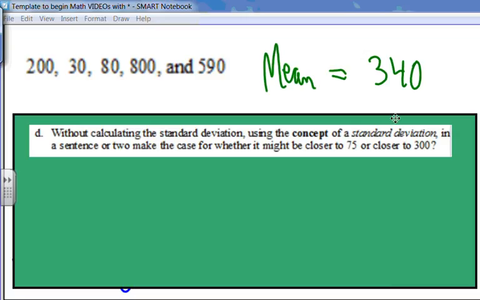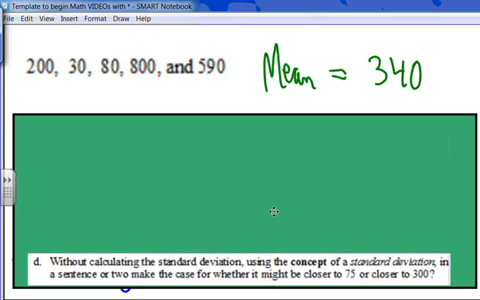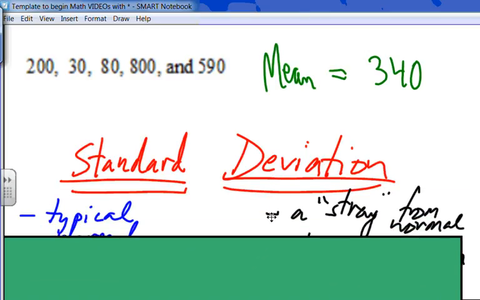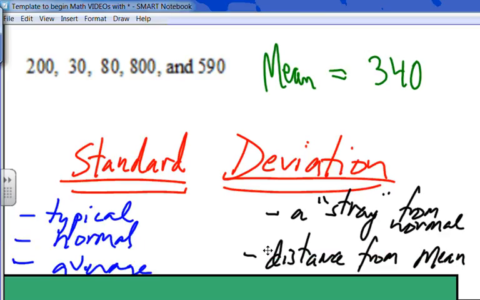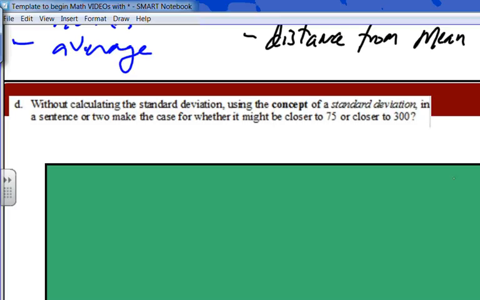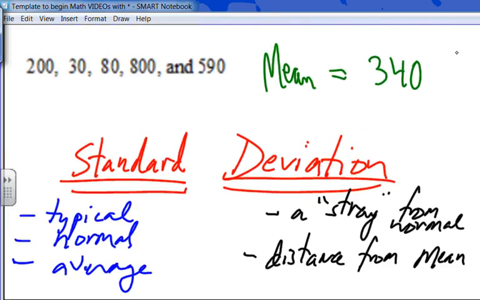Okay, this next question says, without actually calculating the standard deviation, just using the concept of standard deviation, in a sentence or two, make the case for whether it might be closer to 75 or closer to 300. So what is the concept of standard deviation? Well, standard means a typical value, a normal value or an average value. A deviation is a stray from the normal.